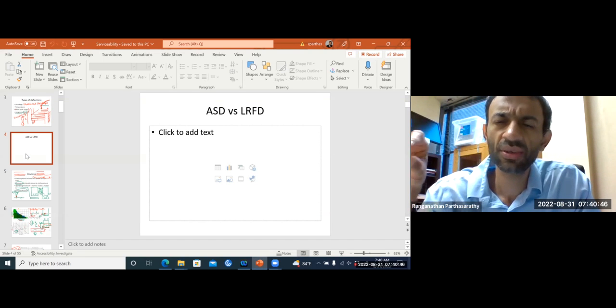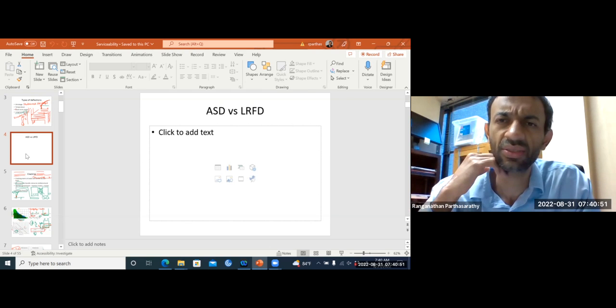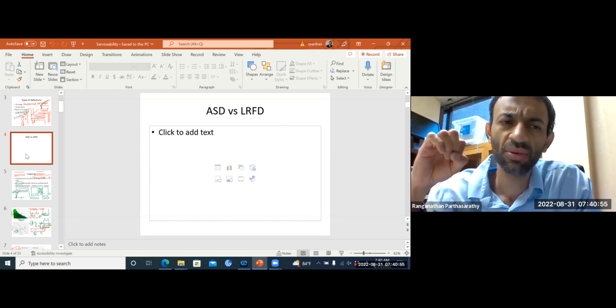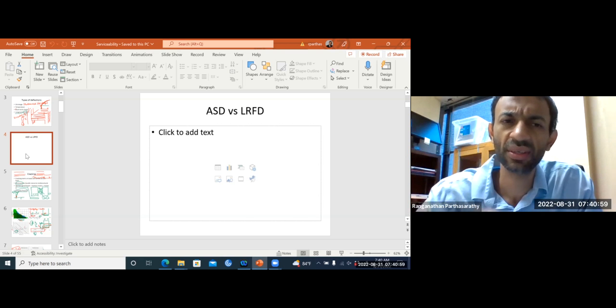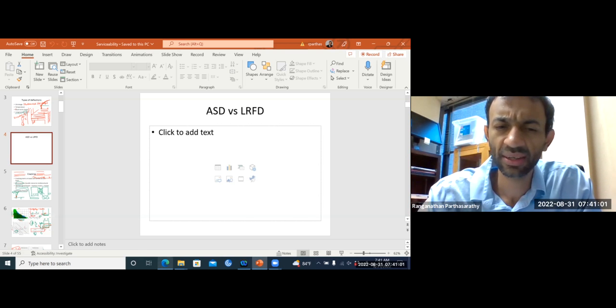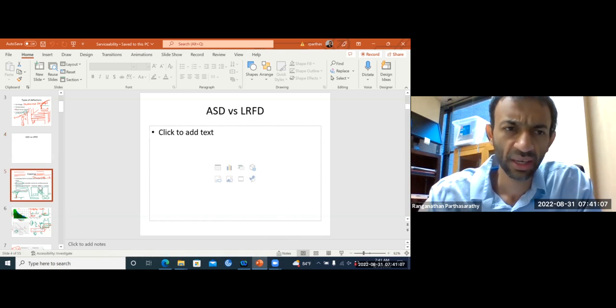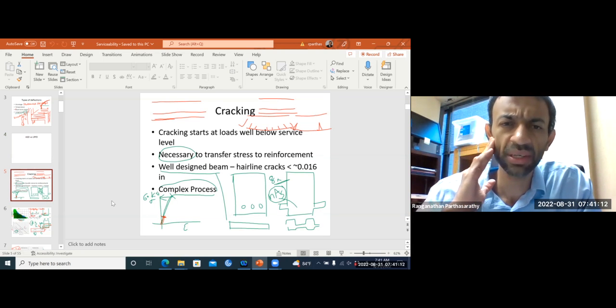But a lot of times we are limited by various constraints, architectural constraints, or available space, so we might need to provide thinner members than what the minimum ACI 318 recommends. In that case, we will specifically need to check deflections.